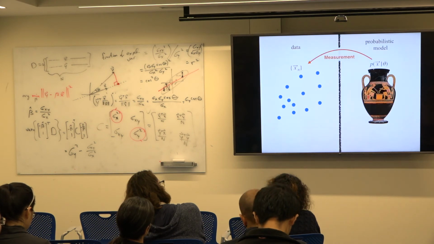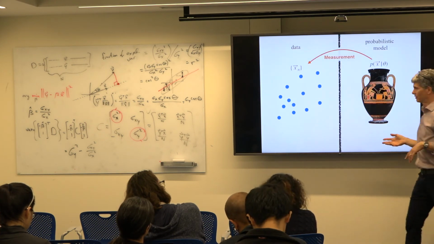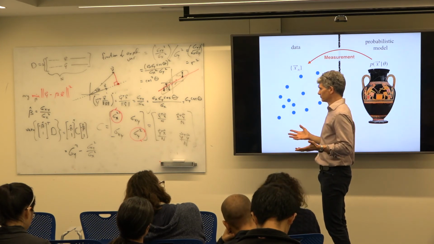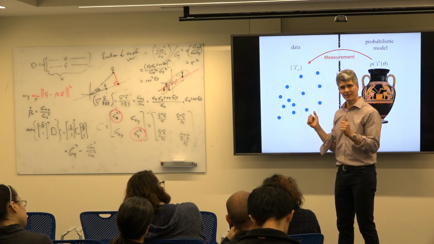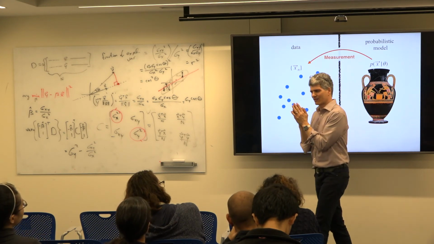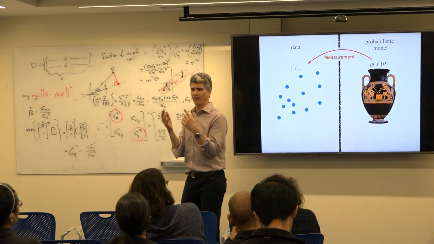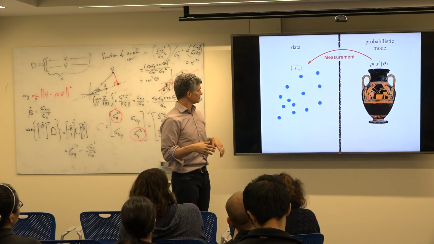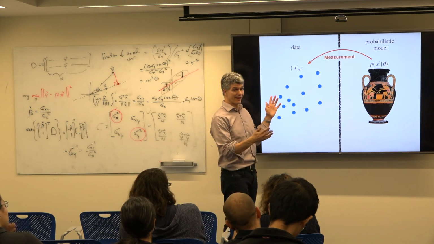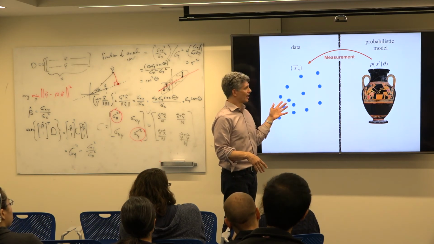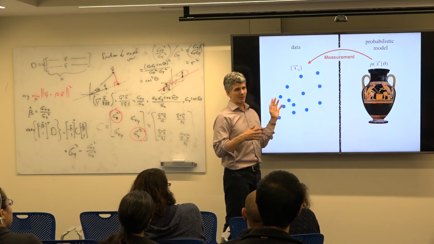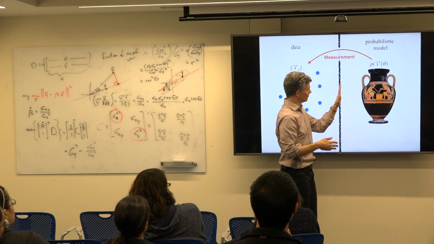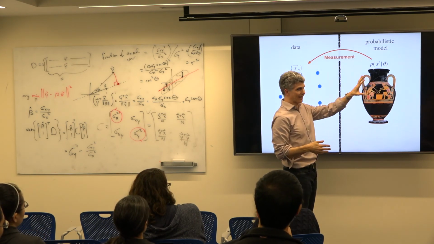Now we're going to do something a little bit weird, but this is basically how the field emerged. The idea is that we're going to say, wait a second, I need some model, or I need to think about where the data came from. I'm not just going to say, I have these data and that's that, and I just want to describe them. In order to describe them, what I really want to do is imagine that they came from some thing up in the sky, an urn.